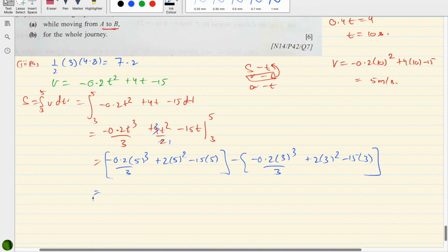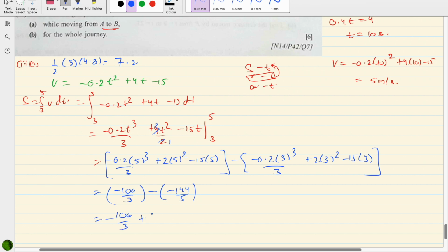Using calculator, the upper limit is giving me negative 100 by 3, minus, replacing all the 5's with 3, it gives me negative 144 by 5.